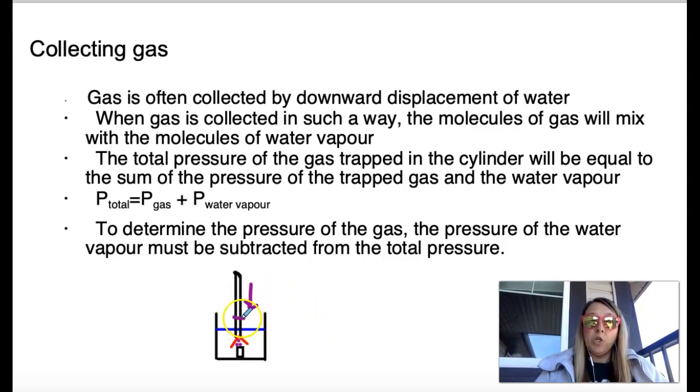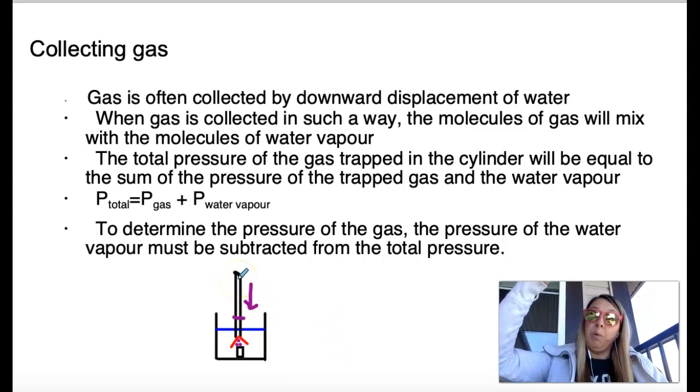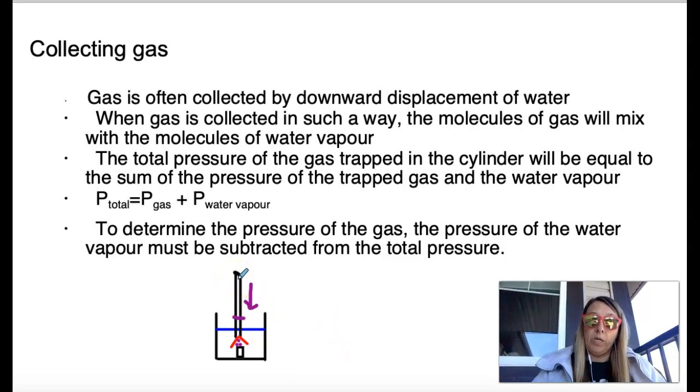So if this was actually where my volume was, I would obviously be taking the lighter away, taking the funnel away, and then pushing that tube down into the bucket. I would push it down until this line lined up with the water in the bucket.